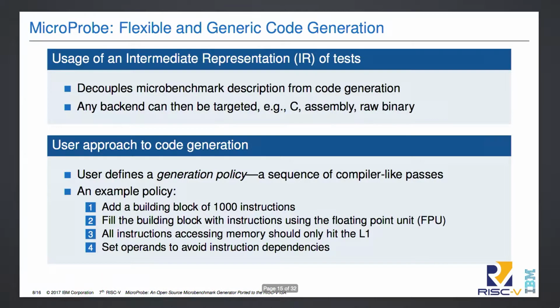With that provided, you're able to use Microprobe, and here is an example of the type of question that you can ask. As I mentioned previously, the rough structure is that we use an intermediate representation of tests, of microbenchmarks. What we're trying to do is decouple the actual microbenchmark description at a high level from the code generation at the back end.